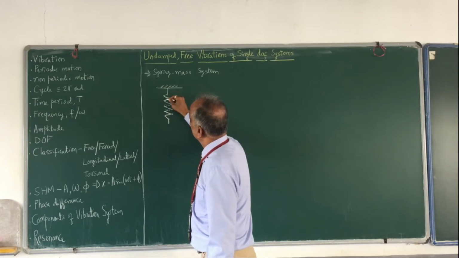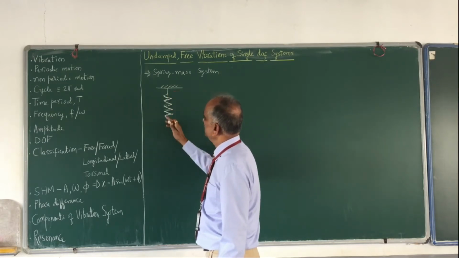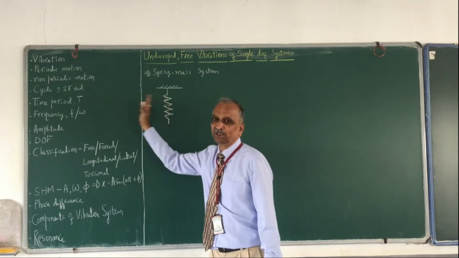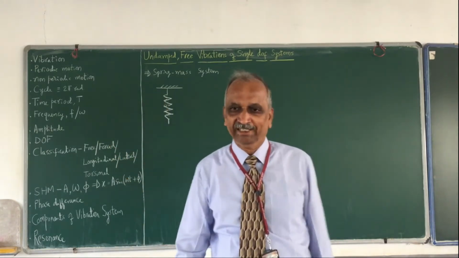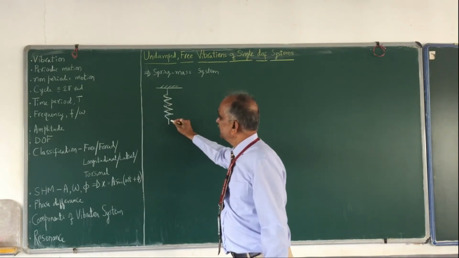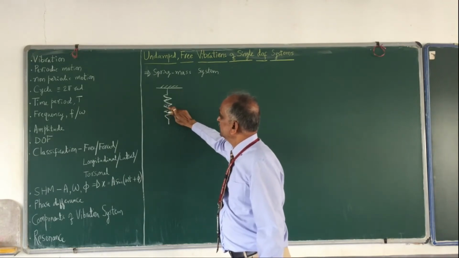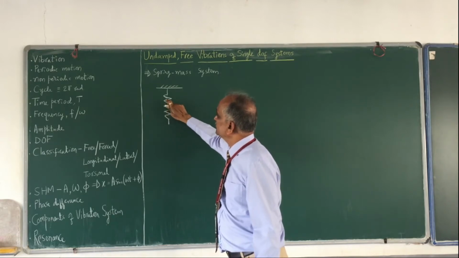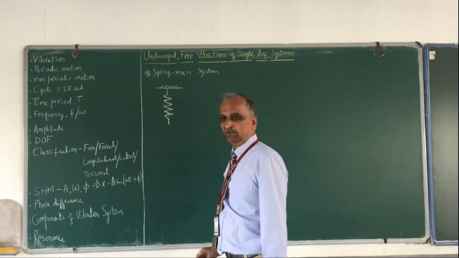When I extend it, this is the axis. You should not be under the impression that all the coils are on one side of the axis as in the earlier diagram. So now I have made this, and this is the axis. And right now, the spring is not subjected to any force.